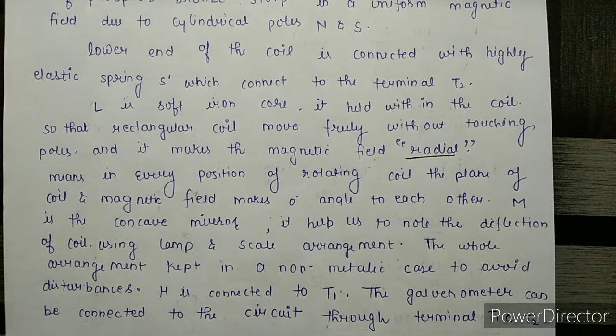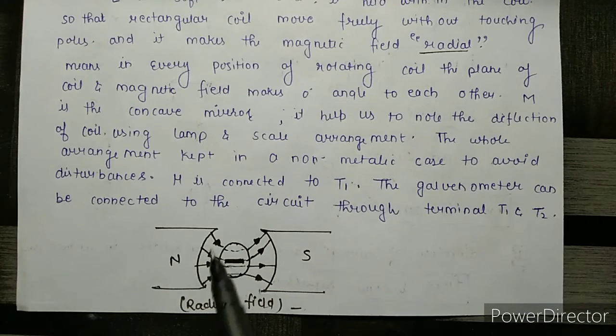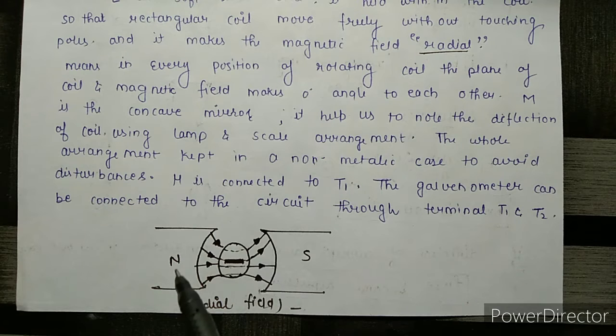And this radial field you can clearly understand by this picture. In this diagram, this is the top view of the rotating coil. In every situation the plane makes zero angle with the direction of magnetic field.